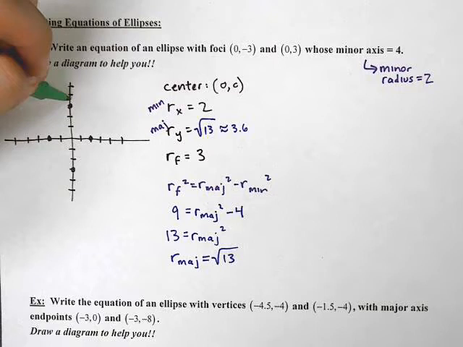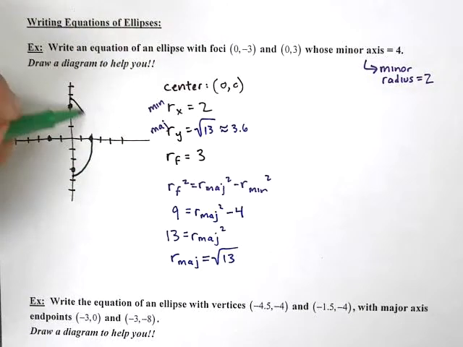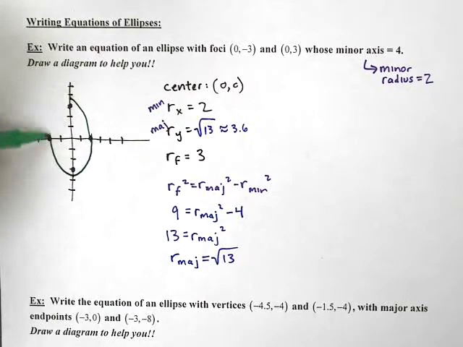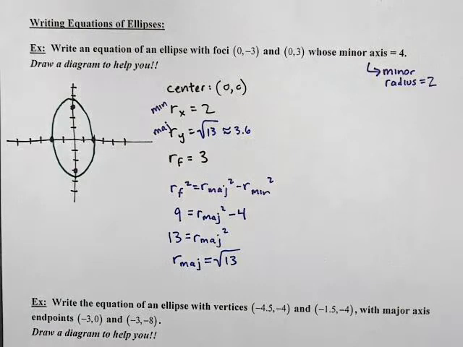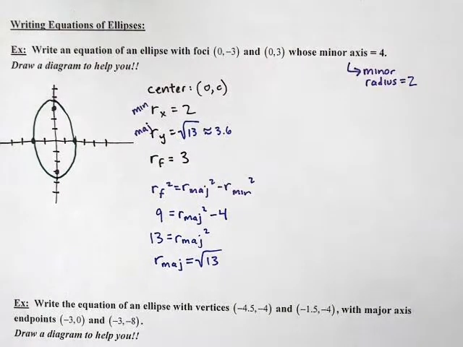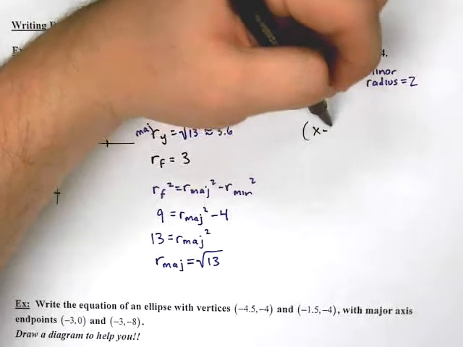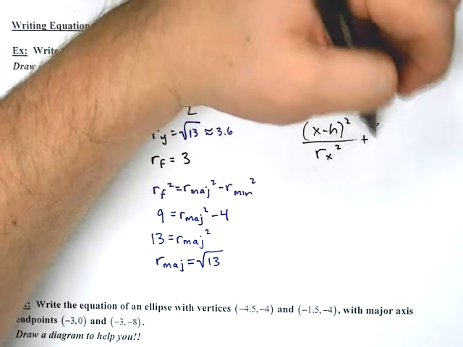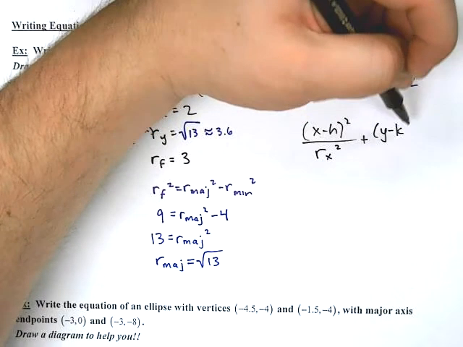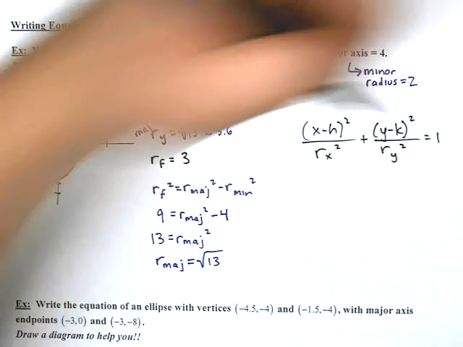Just to finish up our graph, we can sketch this now. All right, there's a nice ellipse, but again, we have to remember we're looking for the equation. In this problem, we're just looking for the equation. So we start, and we remember x minus h squared all over r sub x squared plus y minus k squared all over r sub y squared, and that's equal to 1.